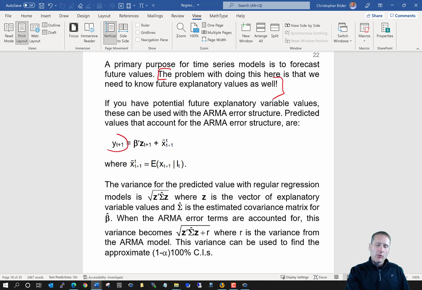Well, let's say we're interested in y sub t plus 1. You would take your model. Let's say we're just working with the true values for now. So you take your model, and you have your beta vector, your vector of regression parameters, transposed, times these future values of z, which again you might have to guess.